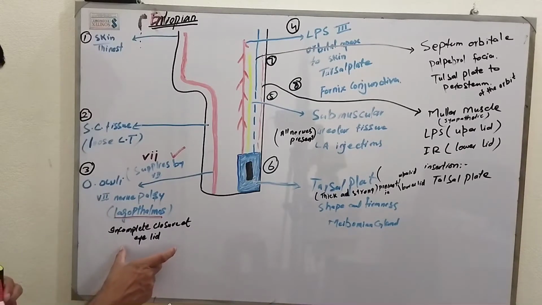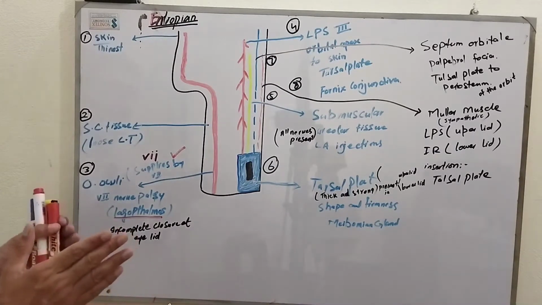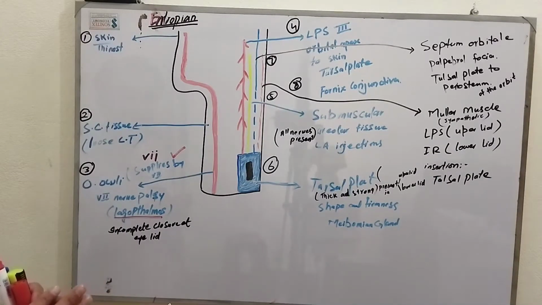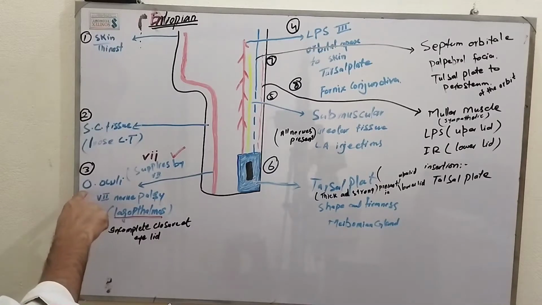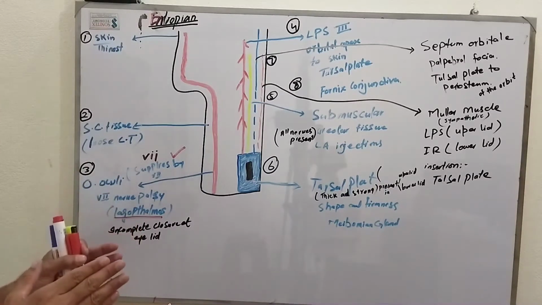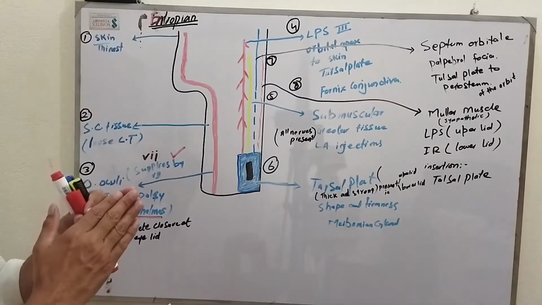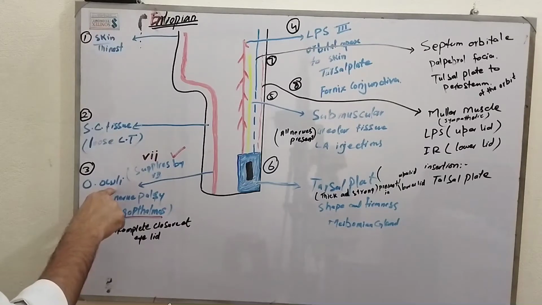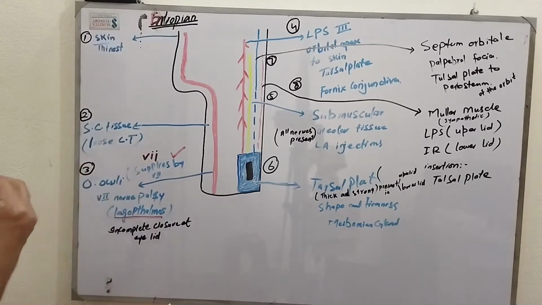What is lagophthalmos? Our upper and lower lids are unable to meet each other because of weakness of the orbicularis oculi muscle. You can also say incomplete closure of the eyelid is called lagophthalmos.